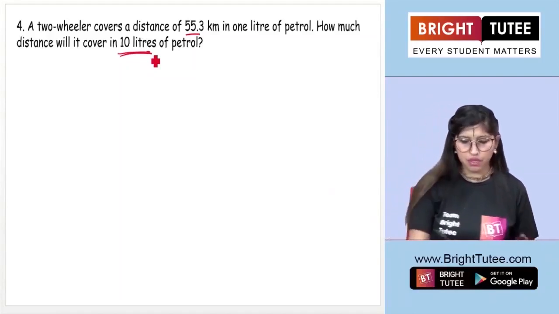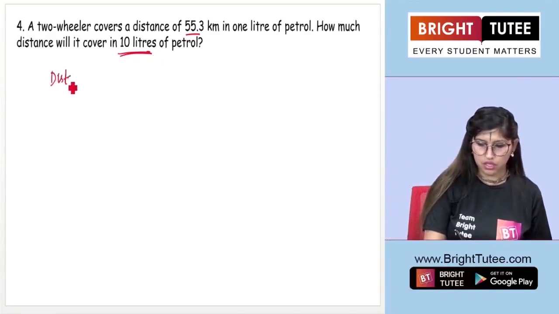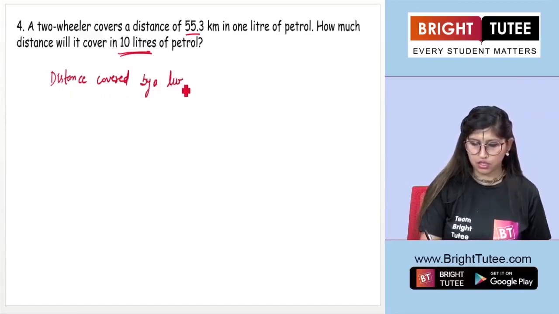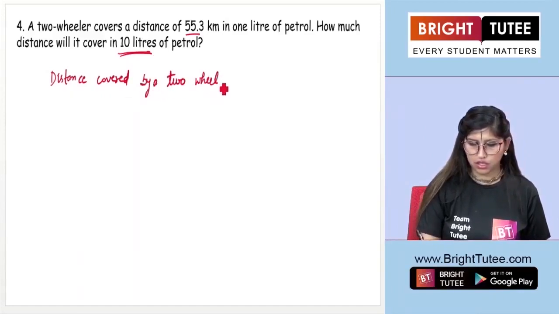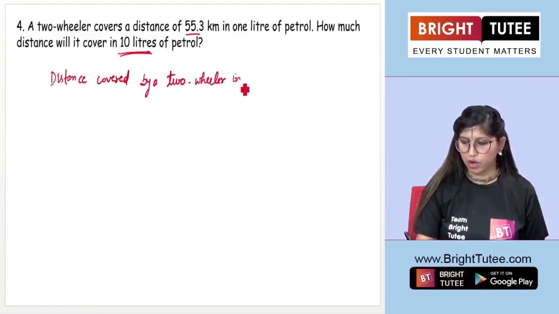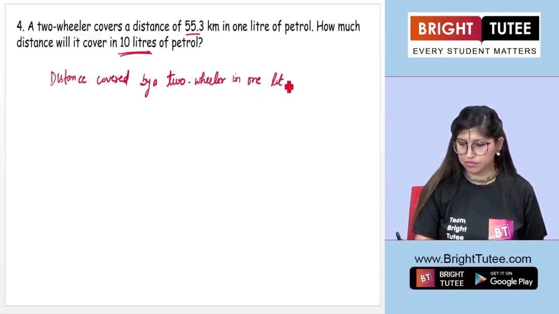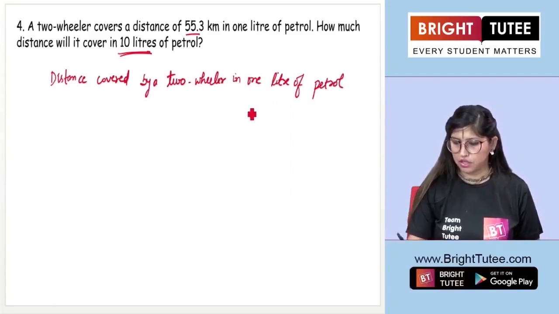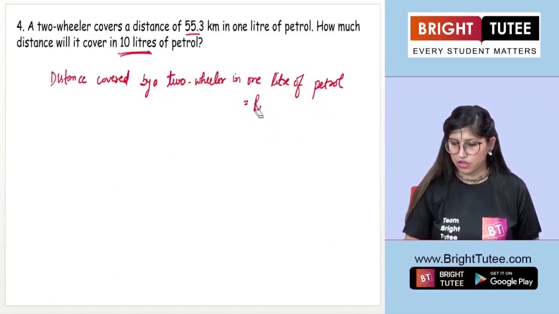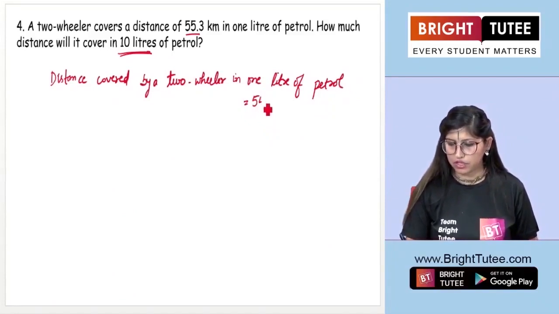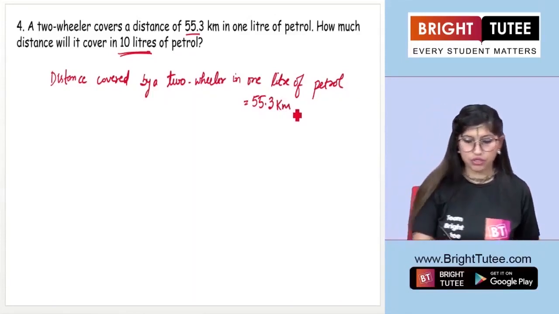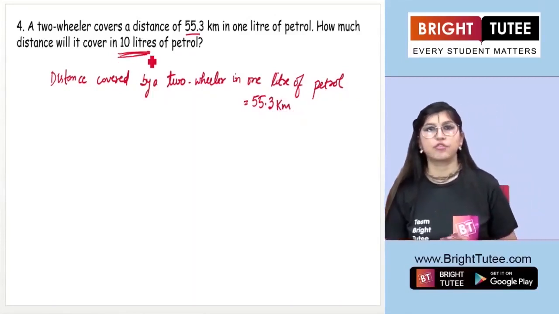Now, distance covered by a two-wheeler in 1 liter of petrol is 55.3 kilometers. Now they've asked how much distance it will cover in 10 liters of petrol.